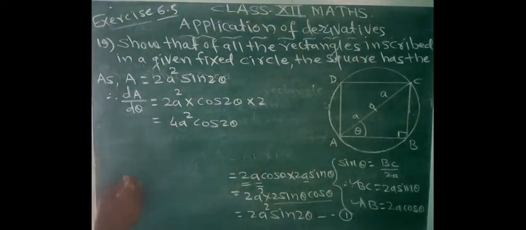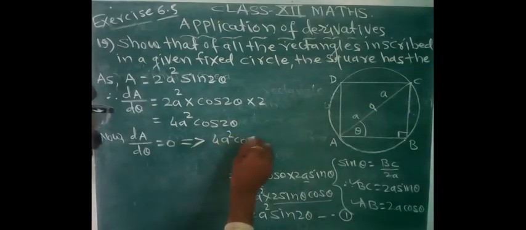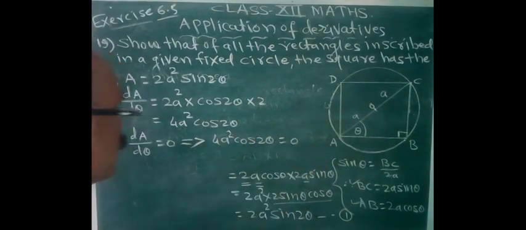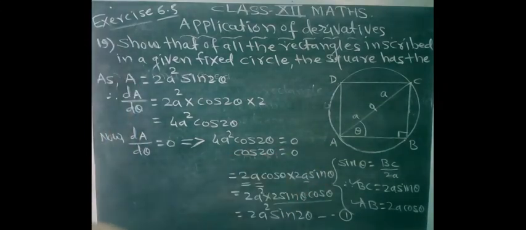Now take dA by d theta equal to 0. This implies 4a square cos 2 theta equals 0. So cos 2 theta equals 0.